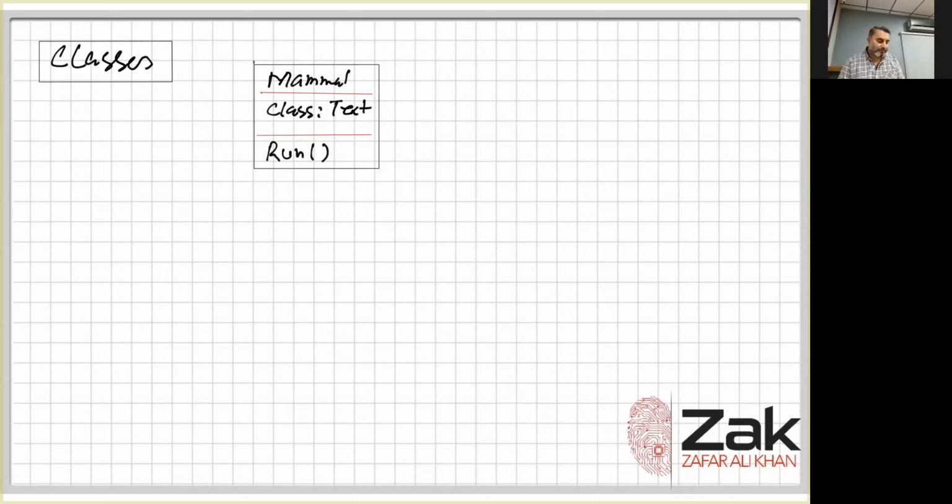That's better. So this is the class, this is the variable, and these are methods. Methods are actually subroutines.